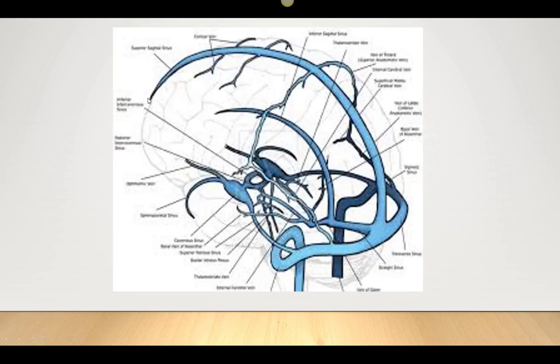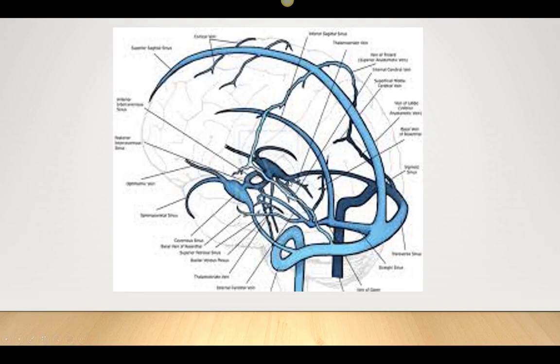And now, again, another good view that you will see: superior sagittal sinus, inferior sagittal sinus, straight sinus, the two transverse sinuses here. The occipital sinus hasn't been shown here, just to simplify the picture. Then you see the sigmoid sinus that on each side passes through the jugular foramen, which hasn't been shown, then becomes the internal jugular vein.